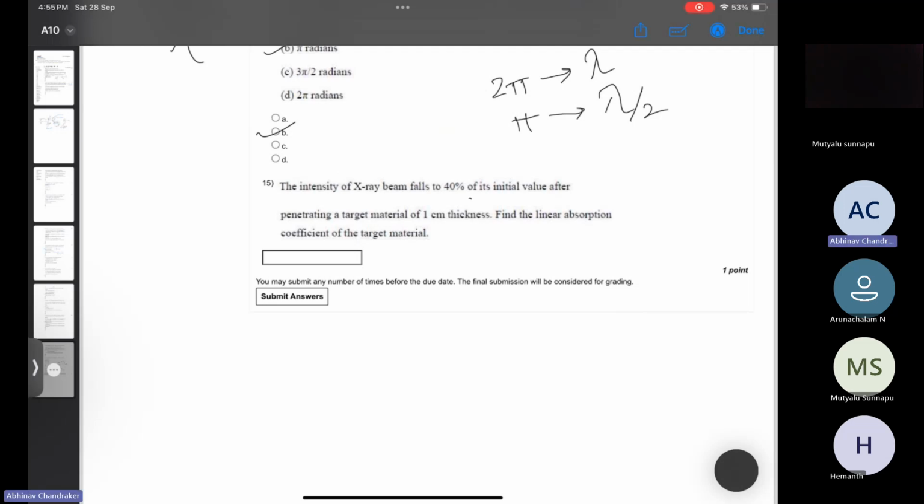So here we can see that 60% of the incident beam is getting absorbed. And we know that I transmitted is equal to I naught e raised to minus mu by rho into x.